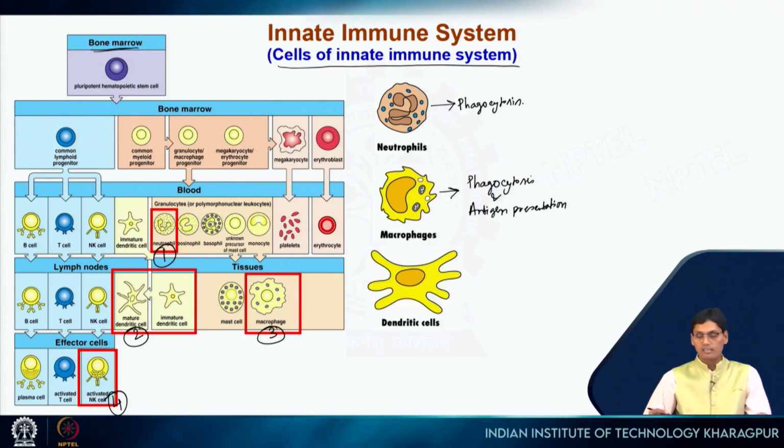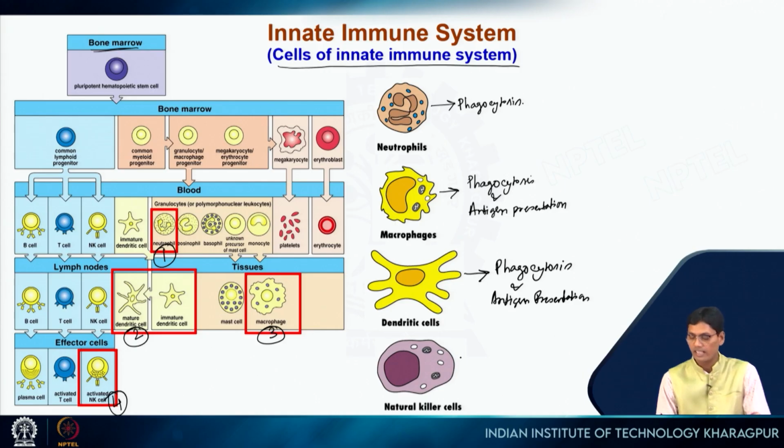And then the next one is the dendritic cell. Again, their function is both phagocytosis and antigen presentation. And the fourth one, natural killer cells.